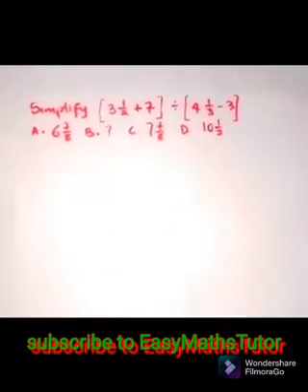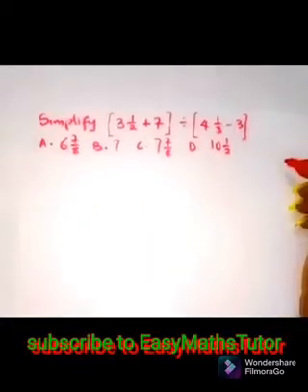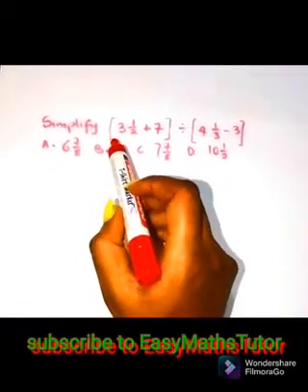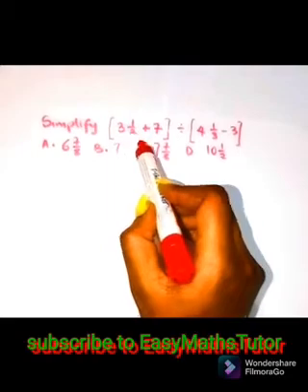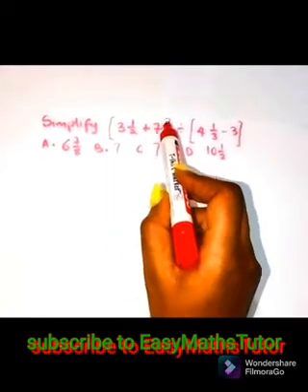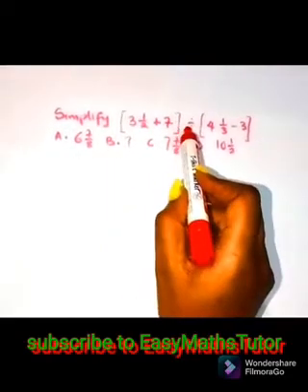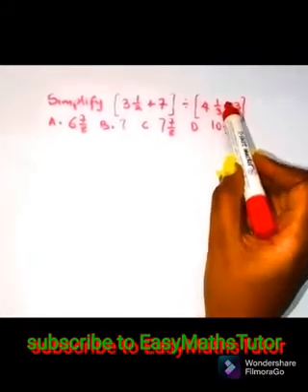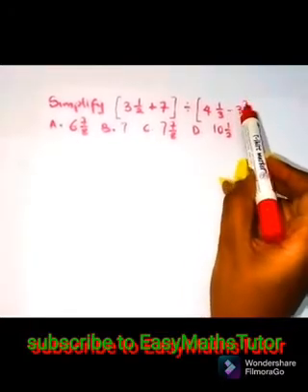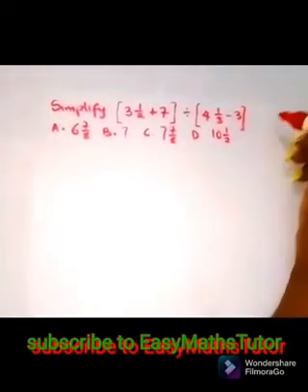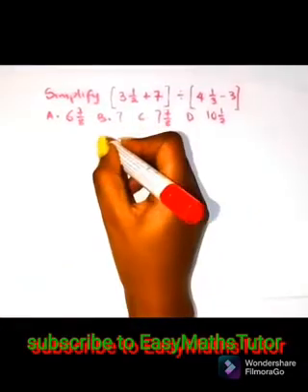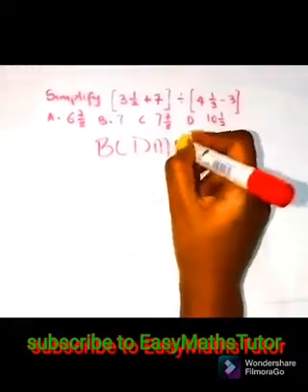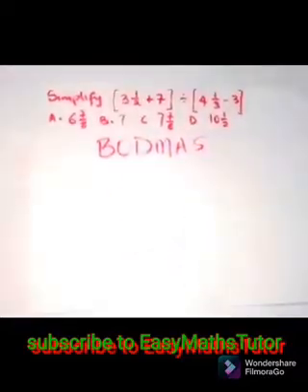So we have another operation problem, okay? We are simplifying the first bracket, 3 whole number 1 over 2 plus 7, bracket close, divided by bracket open, 4 whole number 1 over 3 minus 3, bracket close. So let's not forget our rule of mathematical operation known as BODMAS.